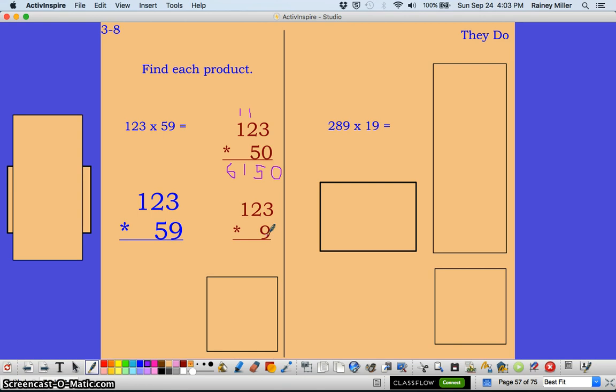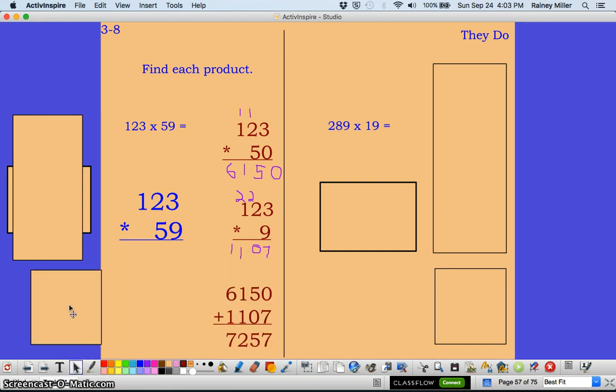Then I go here, 9 times 3, that's going to be 27. 9 times 2 is 18, plus 2, that makes it into 20. 9 times 1 is 9. 10, 11, so I get my answer there. Now I'm going to add those together and I get my answer.